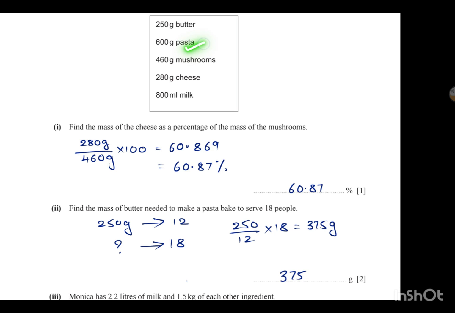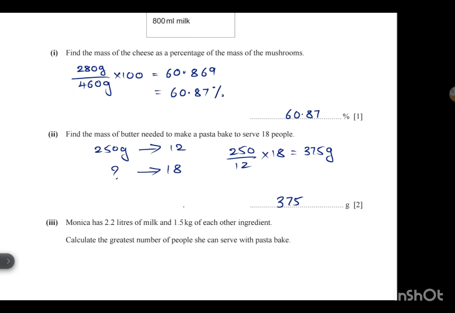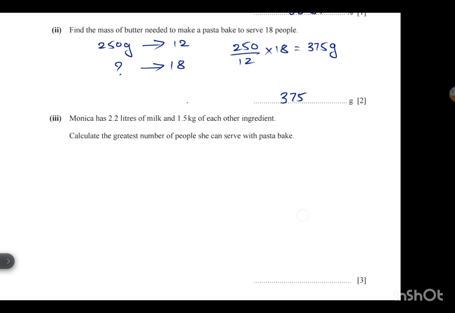Let us take this and find out, if 600 grams of pasta serves 12 people, then what will 1.5 kg of pasta serve? Because we can't take the lowest amount of the other ingredients, we have to take the maximum amount itself. So let us do that first, and then we'll check for milk.